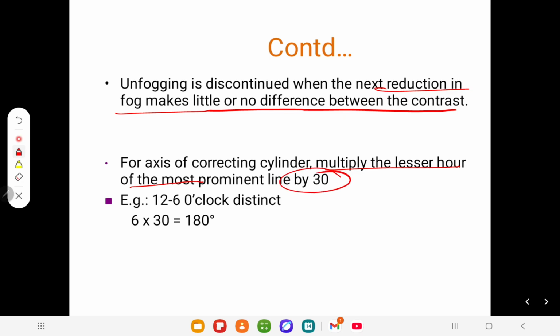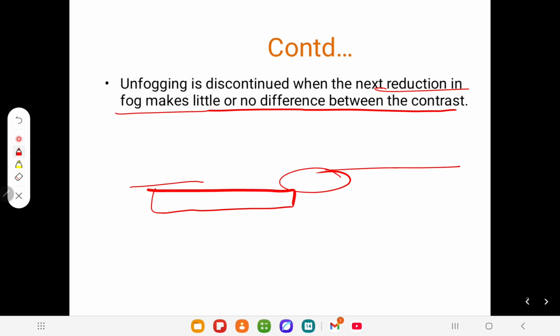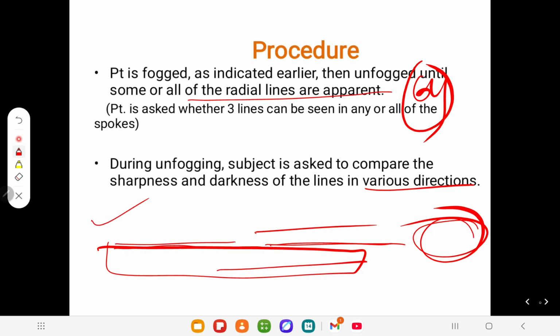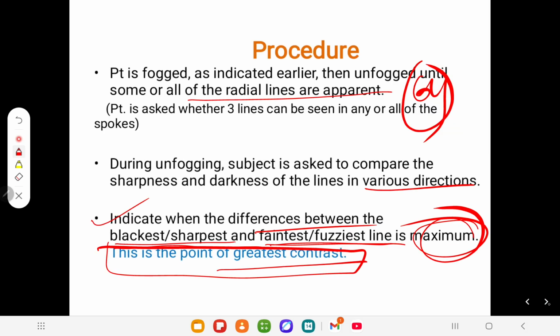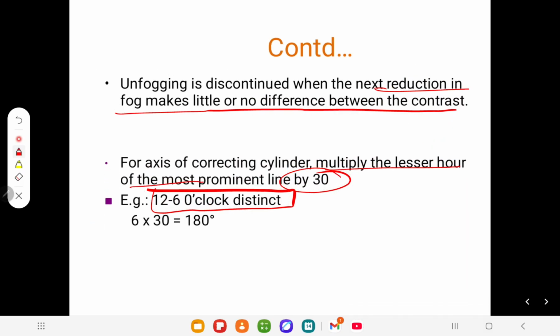For example, if 12 and 6 is most distinct, meaning this 12 to 6 line is clearest, then 6 is smaller, so multiply 6 by 30, which means 180. Put a minus cylinder at 180 degrees.